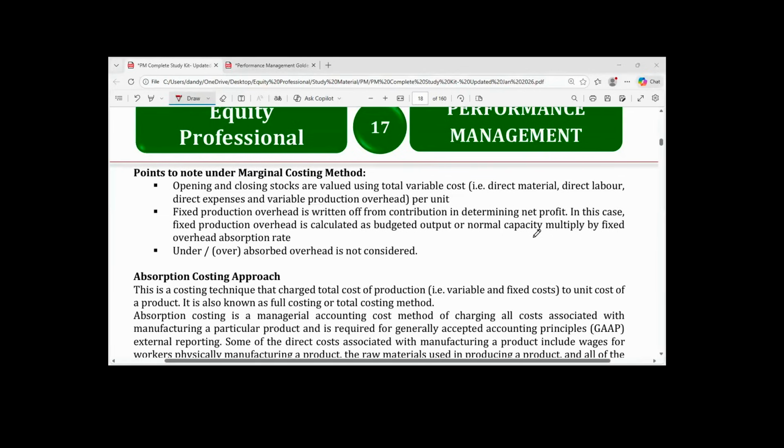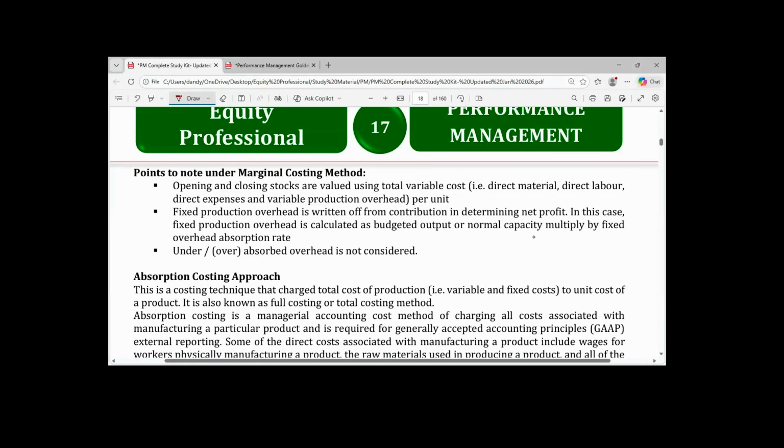Then 3, under the marginal costing approach, fixed costs and fixed production overhead are costs that have no sympathy for activity level, meaning that irrespective of the activity level, the production volume, or the number of units produced, the fixed production overhead will remain constant.